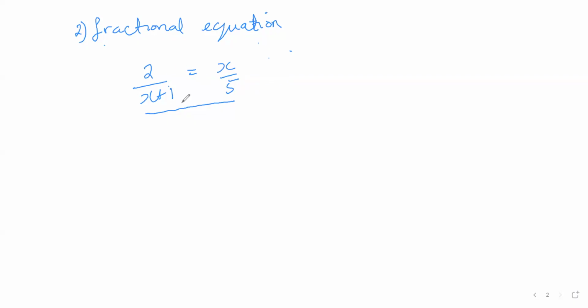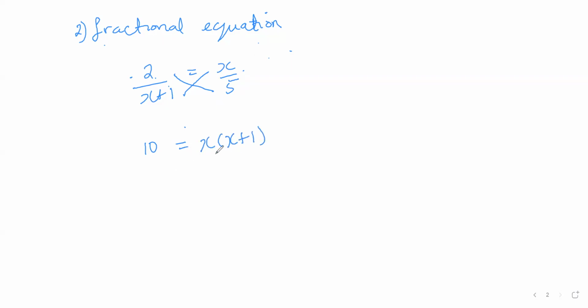If we were to solve this one, for instance, we want to solve this fractional equation for x. The easiest way I can go about this is, I have only one fraction on this side and one fraction on this side, so I can quickly cross multiply. 2 times 5 gives me 10, is equal to x times x plus 1.